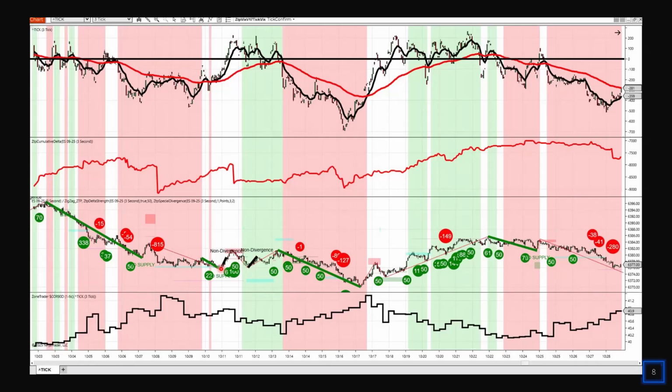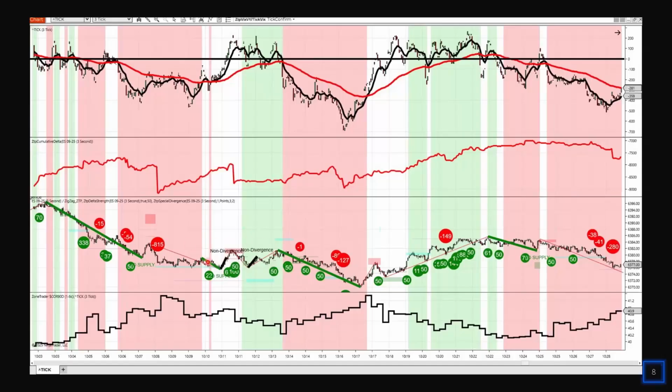The delta was positive as the price fell for large lot contracts. So if you come up here and look at the large lots, you can see exactly what the indicator picked up. Our large lots were trading higher at that point.